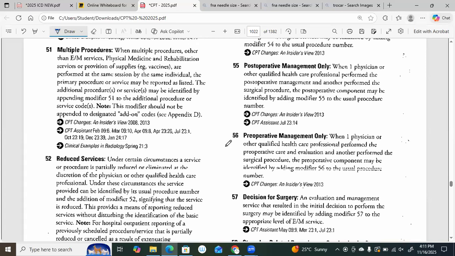Okay, this is the modifier 51. Kashish, do one thing. Just read the description of the modifier 51. Just read it out. Okay? Yes, ma'am. I'm done, ma'am.